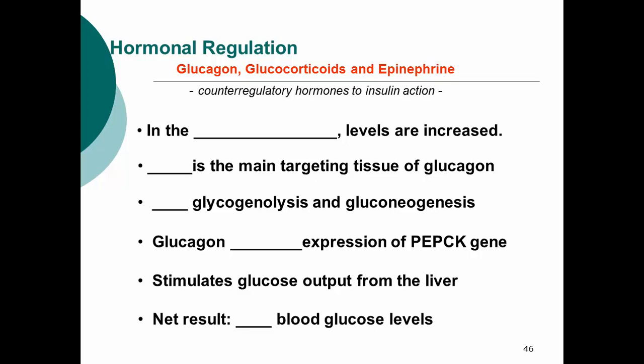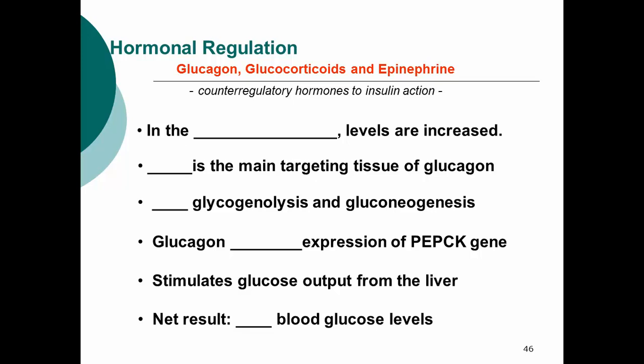And okay, how about the counter-regulatory hormones to insulin action? For example, glucagon, epinephrine, glucocorticoid. These hormones are usually elevated during fasting, right? And their action is opposite to insulin.